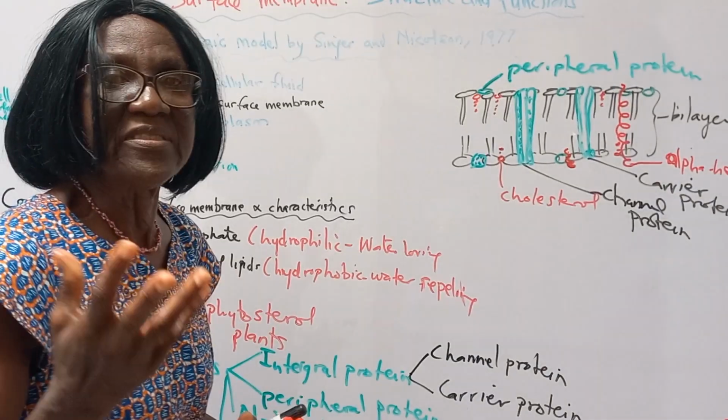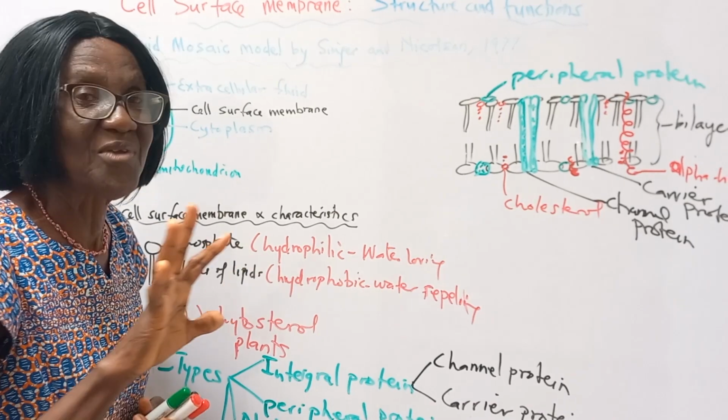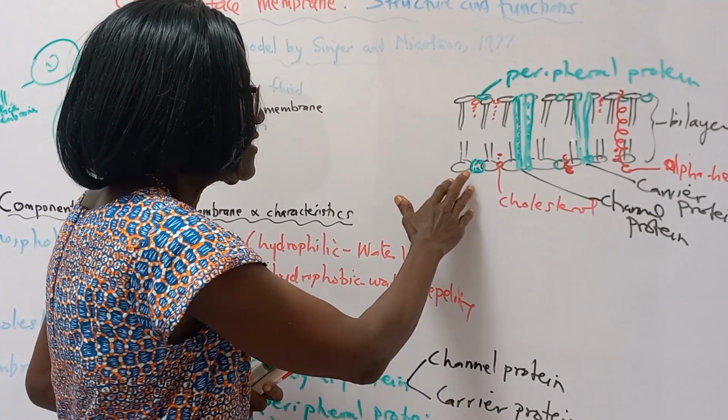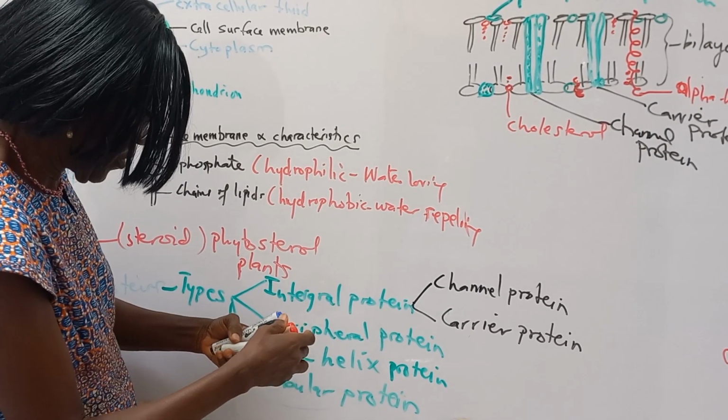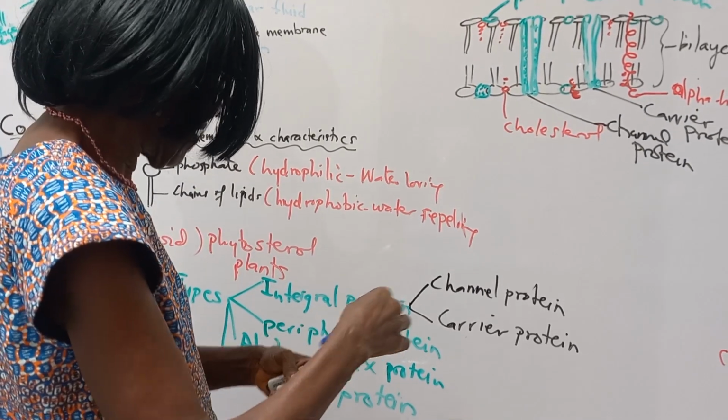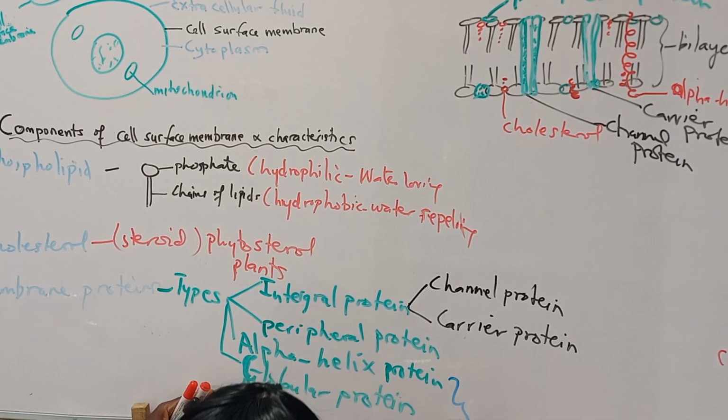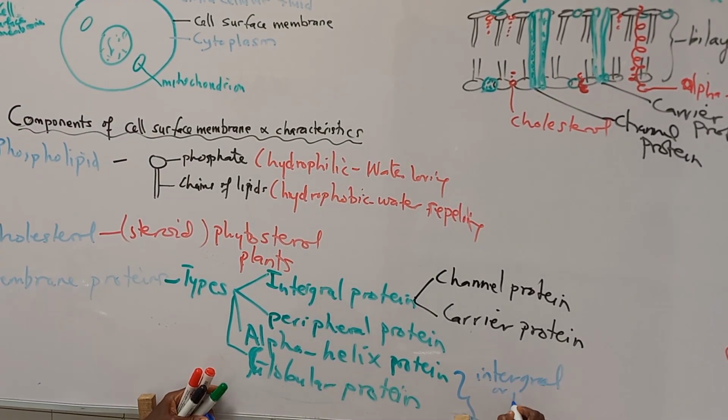So we have alpha helix protein, and then we have globular protein. The globular proteins are kind of spherical, they are water soluble, and alpha helix protein and globular protein can be integral or peripheral.